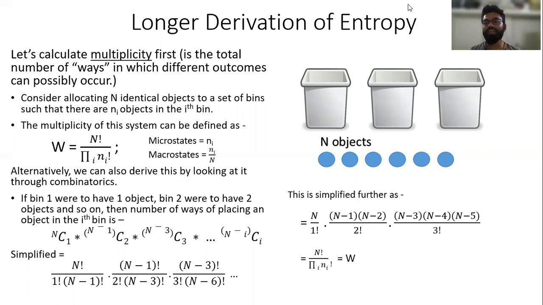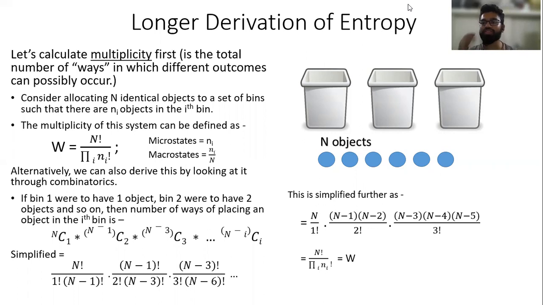Which is great. But when we're placing objects into bins, we don't care about the rearrangements that occur within the bins. Let's say we had three objects in a particular bin. There are three factorial ways, six ways, in which we can arrange those objects, but we don't care about them. So we can divide by 3 factorial.